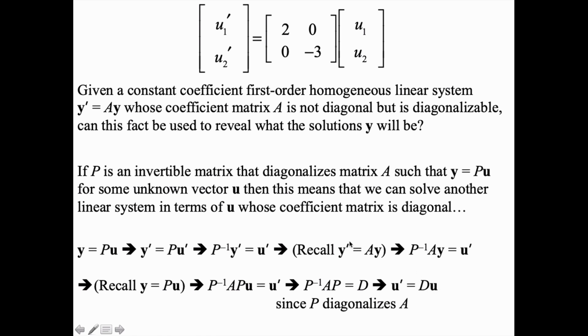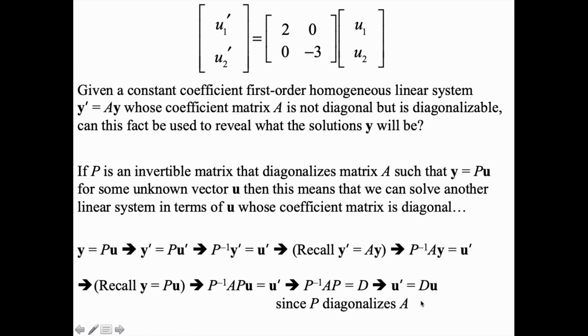So again, this was all predicated on the fact that y equals some matrix P times u, where the columns of P are made up of linearly independent eigenvectors. And that leads us logically to this system, u prime equals diagonal matrix times u. Okay, with all that development, where does the easy part come in?